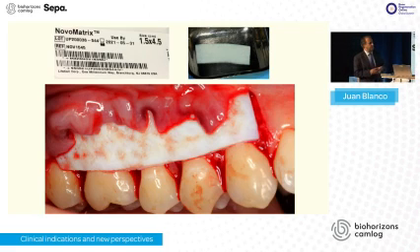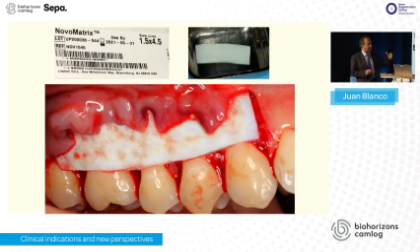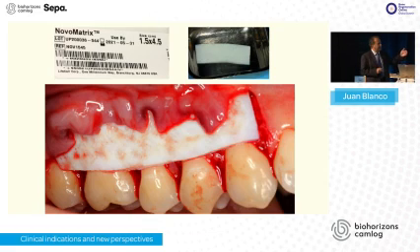root coverage. We use first this Novo matrix, this cellular dermal matrix. It's very important, as we do with the connective tissue, to perfectly fit these biomaterials. These biomaterials have to be sutured to the immediate tissue, so we have to suture this to some periosteum that we have left in some places behind this biomaterial, this membrane.